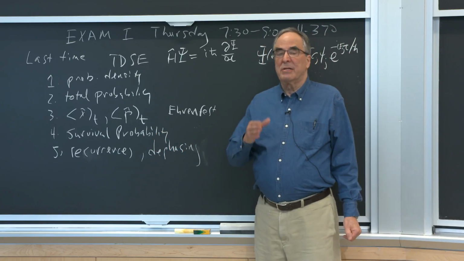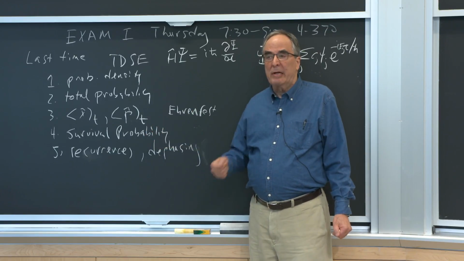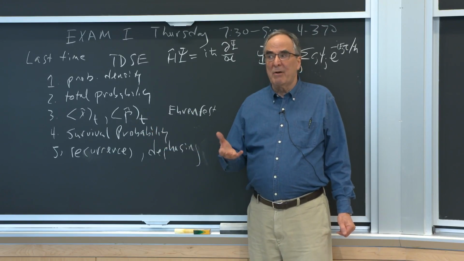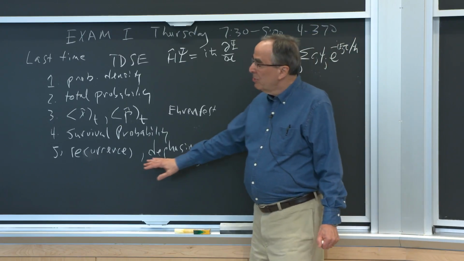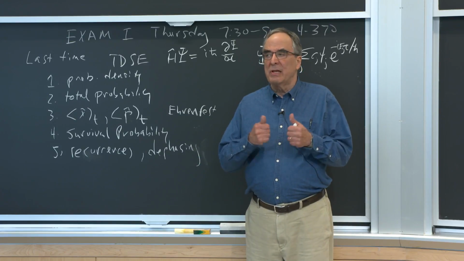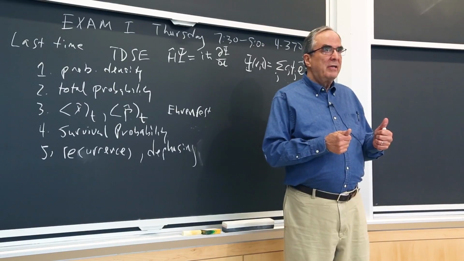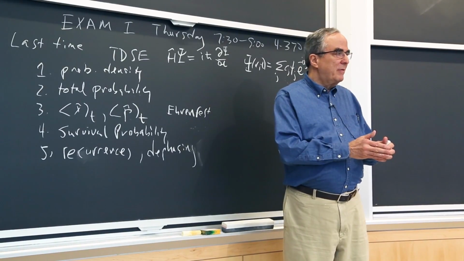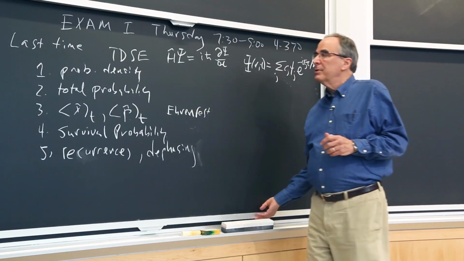The times at which the maxima in the survival probability occur tell us a lot about the potential. And there are some grand recurrences where, because all of the energy level differences are an integer multiple of a common factor, you get a perfect recurrence. These are wonderful for drawing pictures.